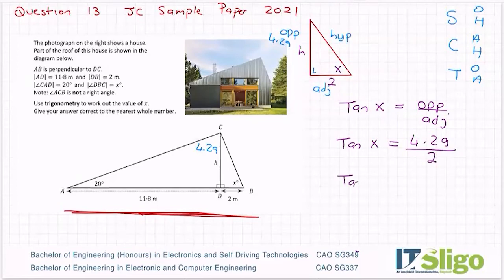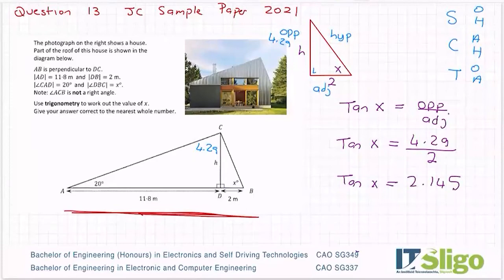Okay, so tan x equals, so I'm hitting my fraction button and I'm just putting this into the calculator. So 4.29 over 2, and it's equal to 2.145.